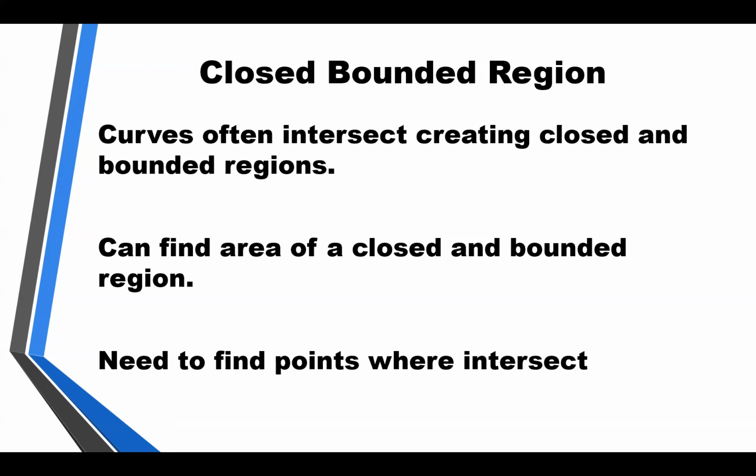And it may be more than two curves, as we'll see later. So we'll look at some tools to find where points intersect. You can use your calculator to find where points intersect. You can use algebra to find where curves intersect, and so on and so forth.